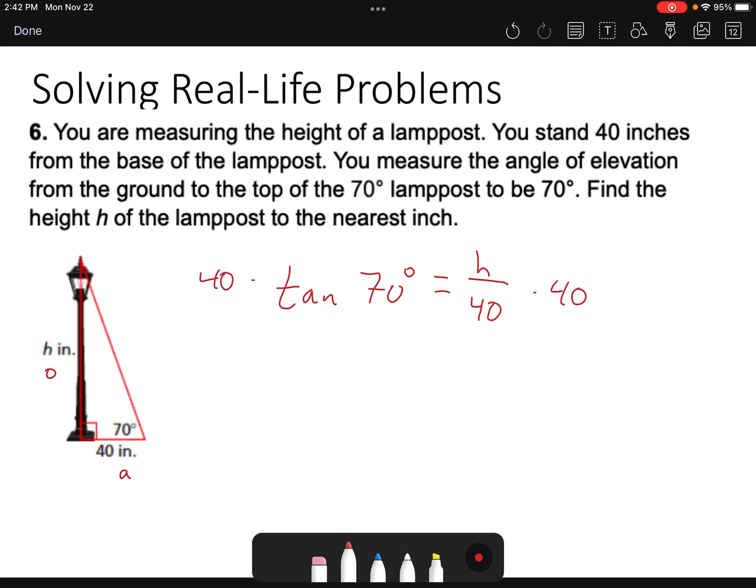And again, we have a nice 40 tangent 70 problem. And you are about 109.9 inches high. A little better with that would be about 9.2 feet. Probably makes more sense to go feet. Oh, it says nearest inch, so about 110 inches. So we'll go with that too.